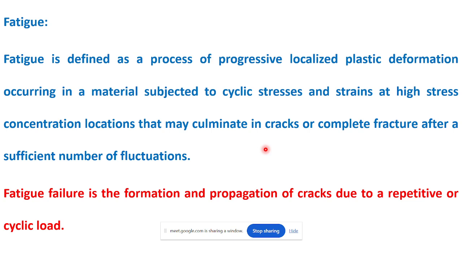So it is a cyclic process of stress and strain. In that case, the material will undergo fatigue behavior, and that will create some stress concentration after a number of cycles of stress and strain, and ultimately that will generate a crack, and that crack will propagate with time, and ultimately your material will be fractured.